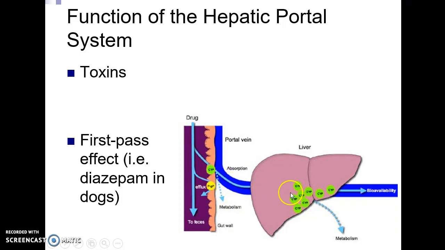But if the drug gets through into the liver, it can be metabolized and go back via the gallbladder into the gastrointestinal system and be eliminated. So the liver is just rejecting it on its first pass through. That's why it's called the first pass effect. Valium cannot be used orally very effectively in dogs. So we tend to use that as an injected drug in dogs only.